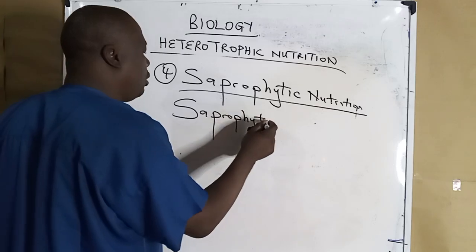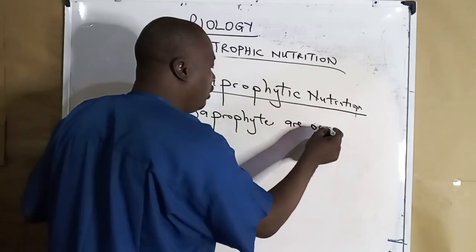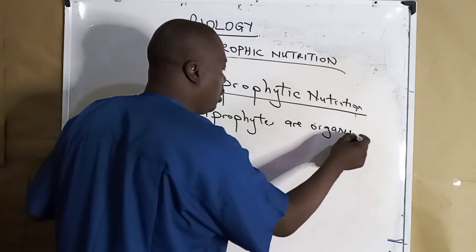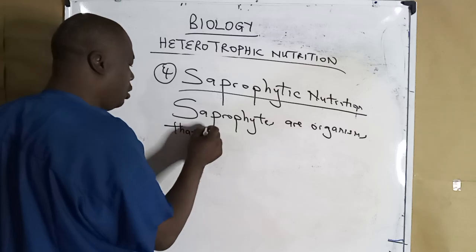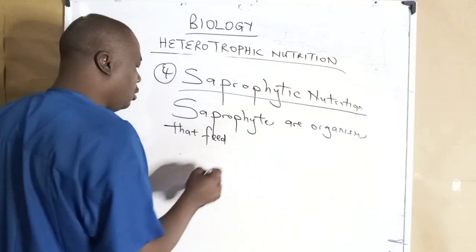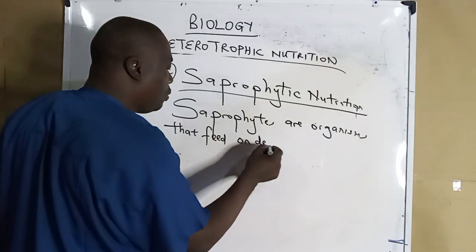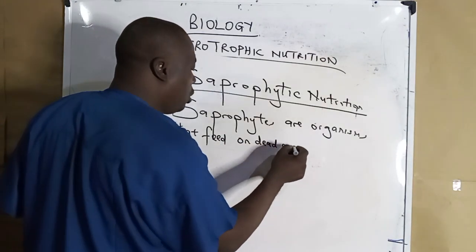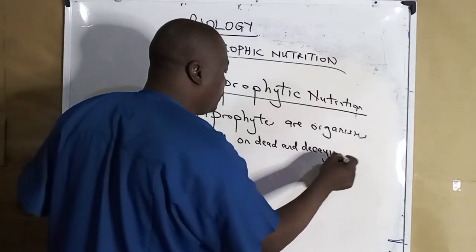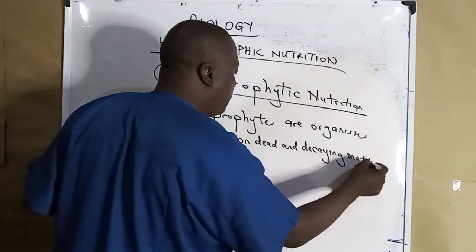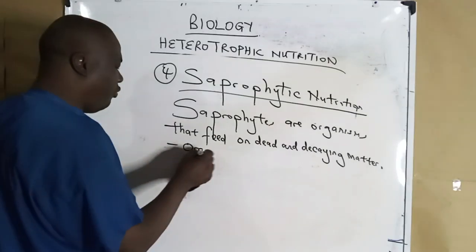Saprophytes are organisms that feed on dead and decaying matter. You can also call it organic matter in some cases.